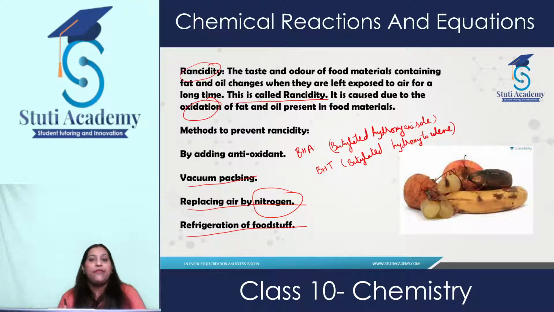When we keep our food in refrigerator, there also we can prevent it from rancidity, because oxygen cannot enter, or it does not allow the growth of microbes under that low temperature. So these are the methods to prevent rancidity.